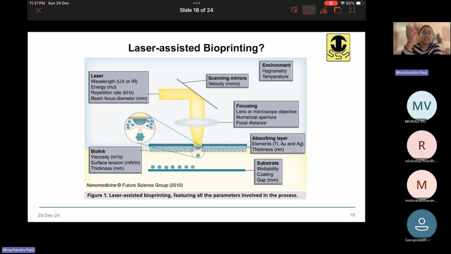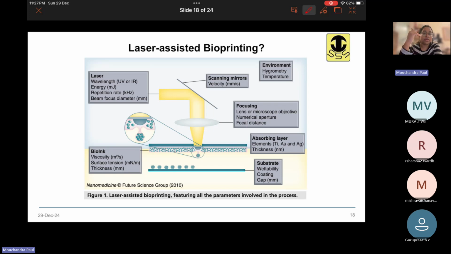As it does, at molecular level, some molecules start evaporating. Because of this evaporation, a vapor bubble starts forming at the absorbing layer.